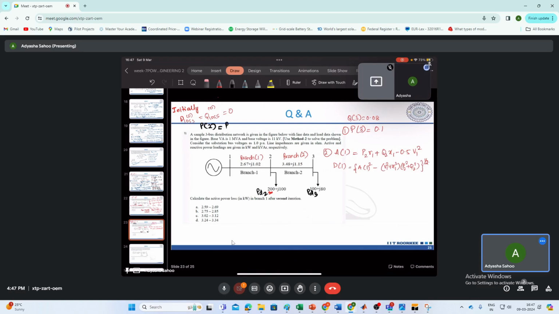So it will be PD2 plus PD3 plus the losses in line 2, that is line 2, 3. P loss in line 2, this branch 2. So this we have 0, so it will be PD2 plus PD3 that is 0.3. Similarly for Q2 we will get 0.18.